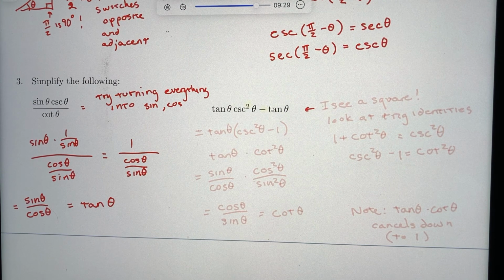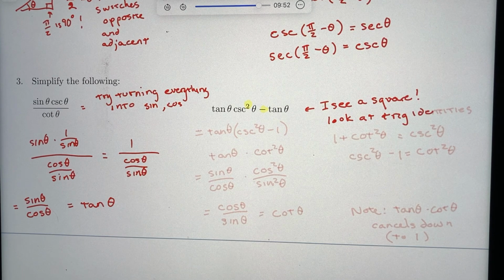All right, looking at this, I see a square. Namely, of course, cosecant squared, and a subtraction sign. So I'm thinking a trig identity.